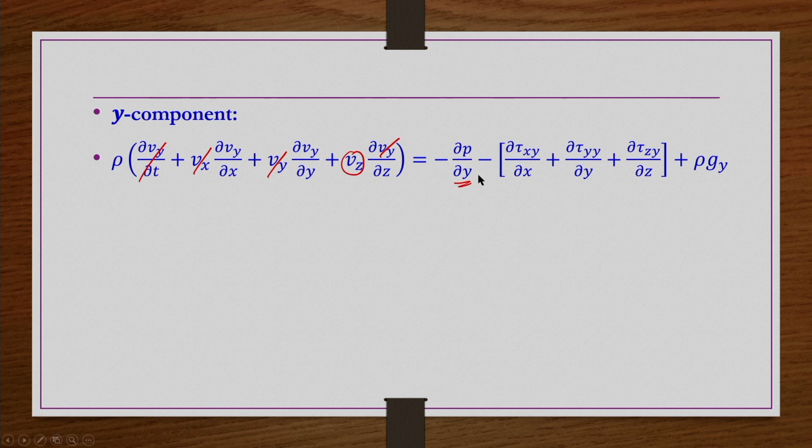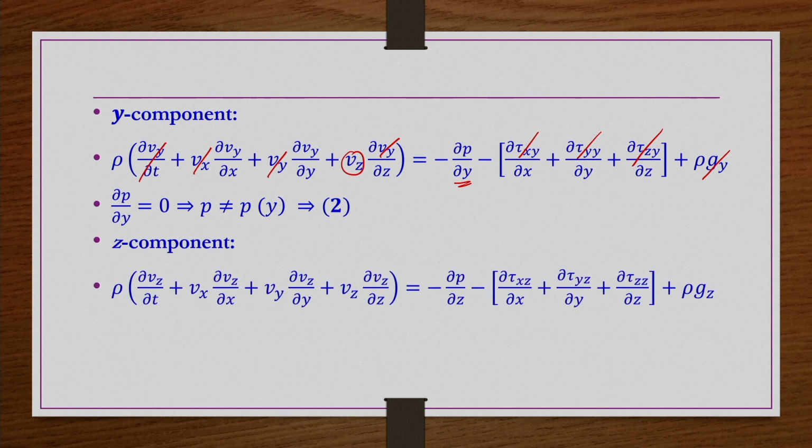Pressure terms we do not know, so let us leave them as they are. From the tau xy terms, if you expand you will have Vx, Vy terms, so this is 0. Only tau zx or tau xz is existing, tau yy is not existing, tau zy is also not existing. So, that is 0 and then gravity is not there. So, here also we get dou p by dou y is equals to 0. So, the pressure is not a function of y again.